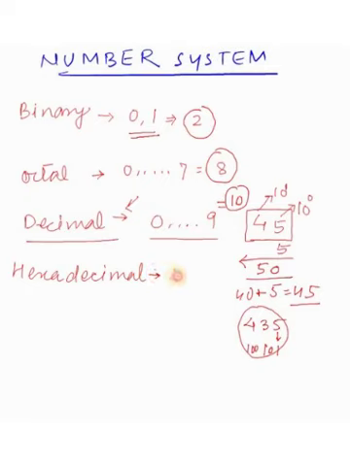Now the hexadecimal number system has base 16, and in hexadecimal all numbers from 0 to 9 are used.